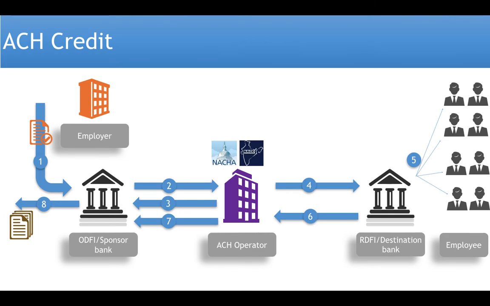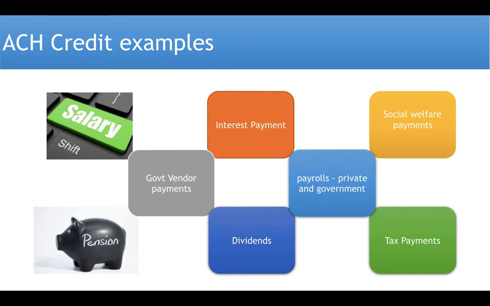And if you look at ACH credit examples, you can take salary credit, pension, and government vendor payments. The government, with the help of ACH credit, can also pay its vendors.